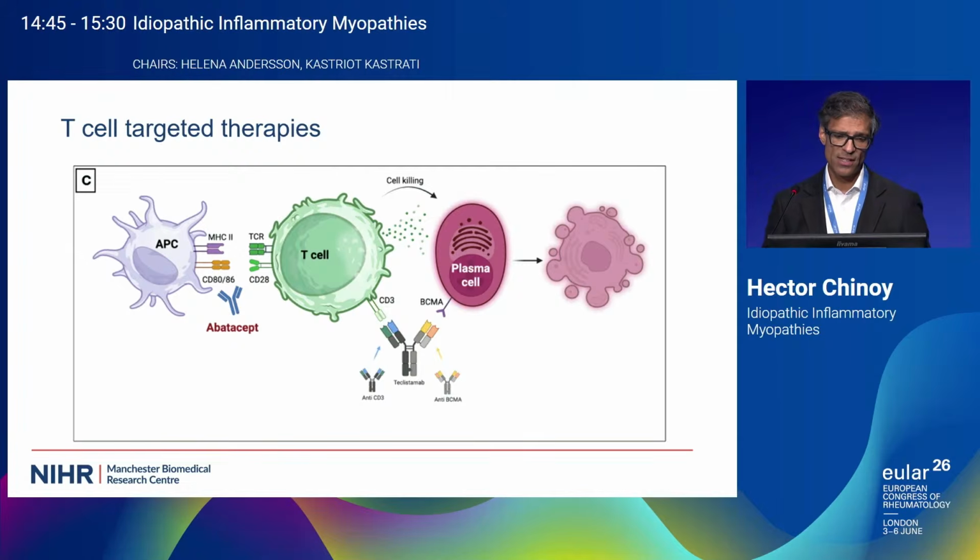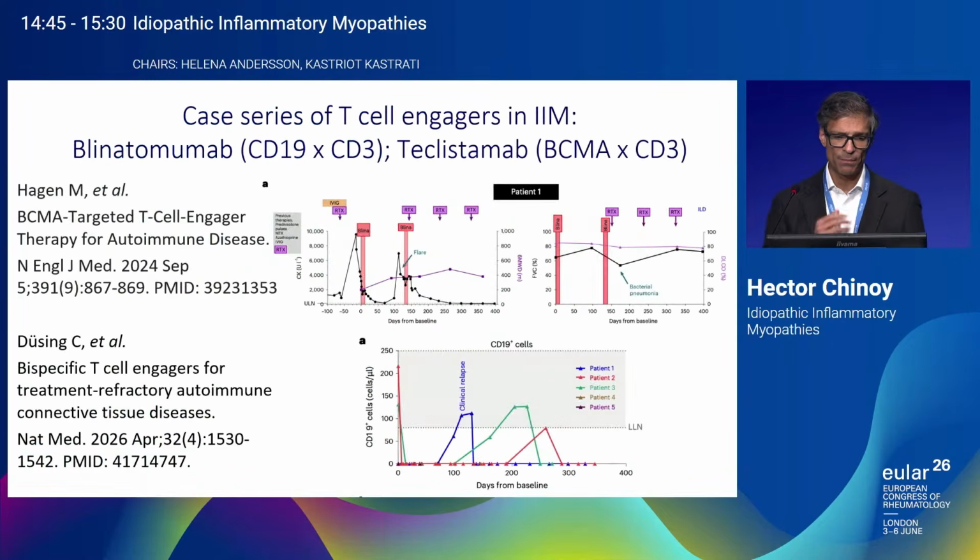And how do we convey this science to the patients? So there are these T-cell engagers. The ones that are being used in oncology include teclistamab and blinatumomab. And there are agents in trial at the moment as well.